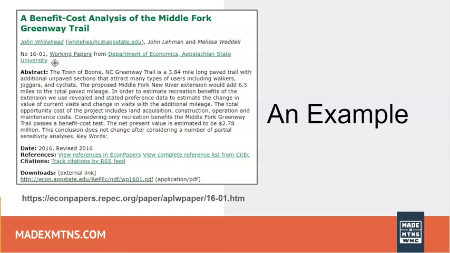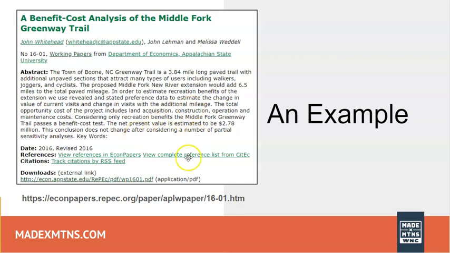Okay, and this is a benefit cost analysis from when the Middle Fork Greenway Trail connecting Blowing Rock and Boone was just someone's crazy idea. And I think back then we were going to add 6.5 miles between those two places, and I think the current mileage is like 9 or 10 that they're working on.